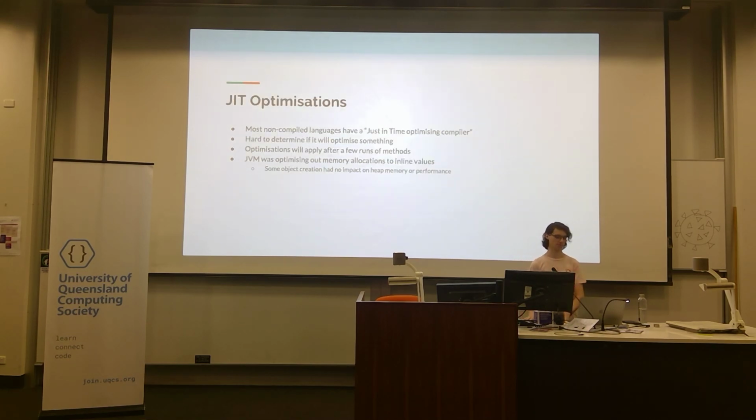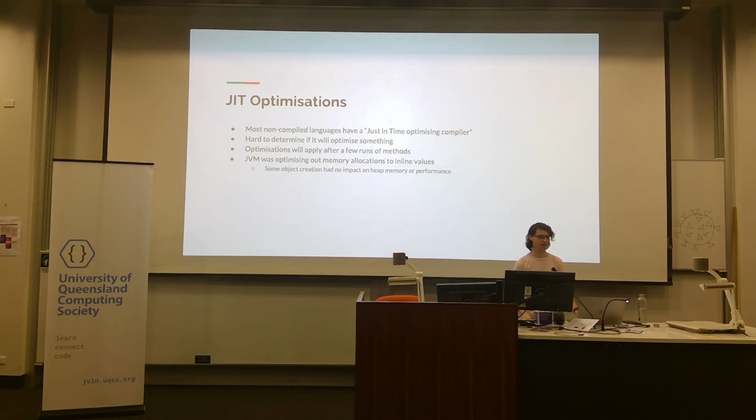Another one was that Java's just-in-time optimizing compiler was a lot better than I expected. It was completely removing method calls, removing object allocations, doing a lot of stuff that I didn't expect.